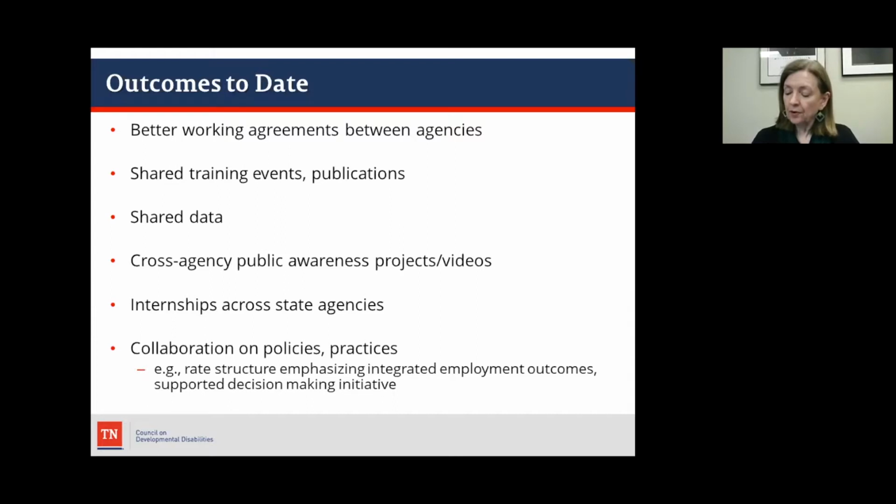Then another item is just collaboration on policies and practices. I would be hard pressed to name every policy and practice that has been affected by this roundtable. When agencies are able to communicate and learn about practices that are barriers, they really start to work on how to get those things out of the way.